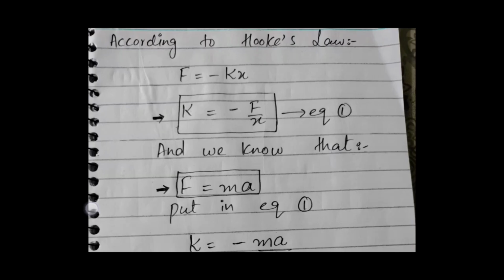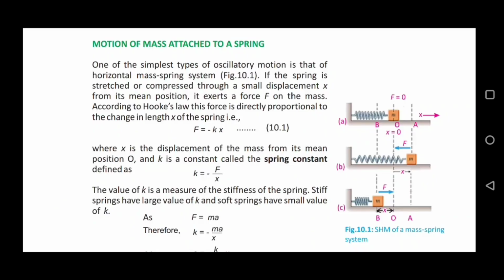According to Hooke's law, force is directly proportional to displacement. That means F is directly proportional to x, and when we remove the proportionality sign, there will be a constant and an equal sign. k is the proportionality constant, and it is called the spring constant, and there is a negative sign.